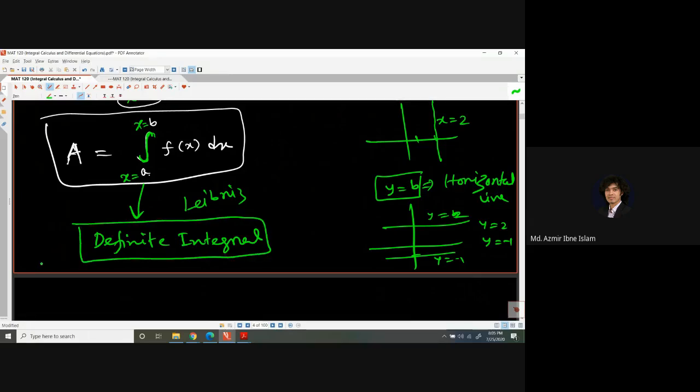That means the integral where we have both lower limit and upper limit is called the definite integral. Let me describe again: we have integration from x equal to a to x equal to b of f of x dx.